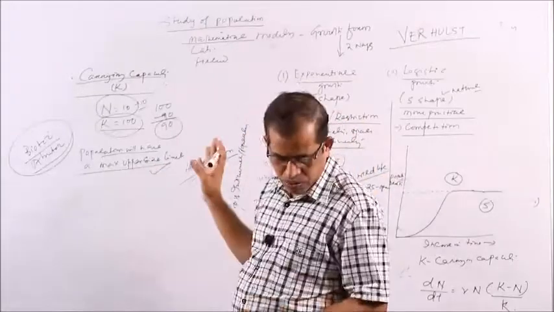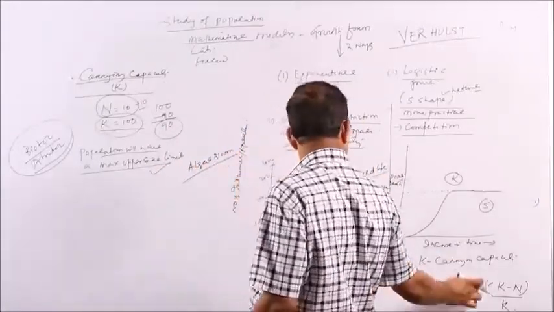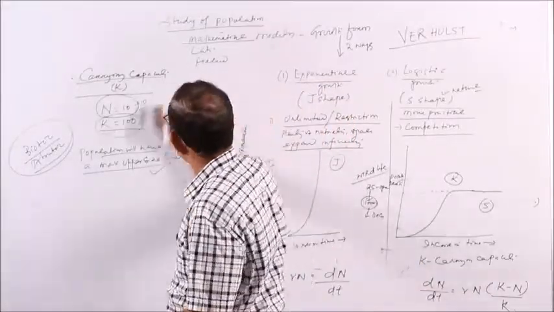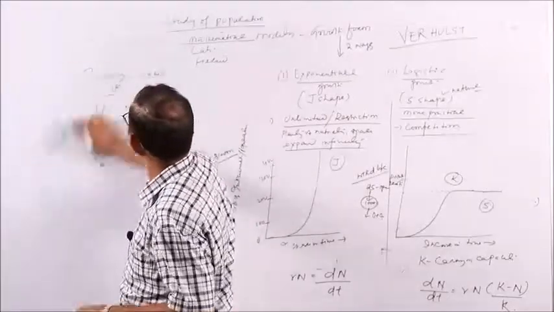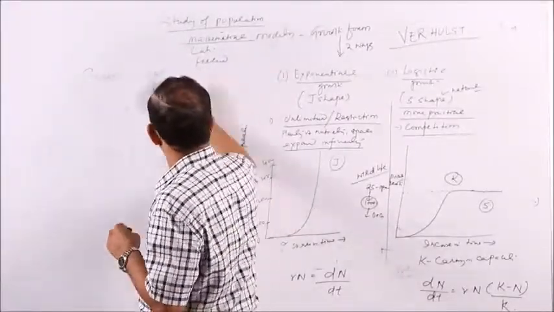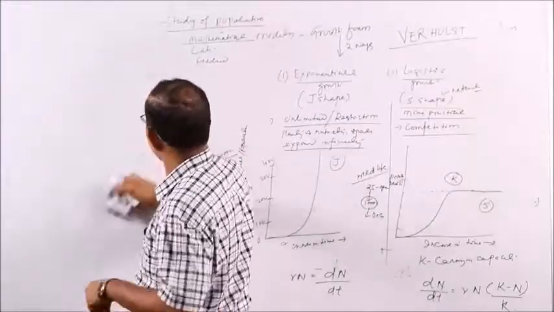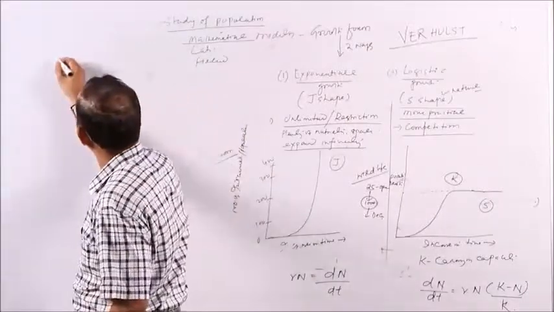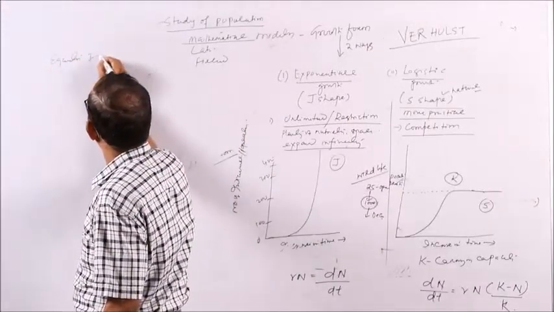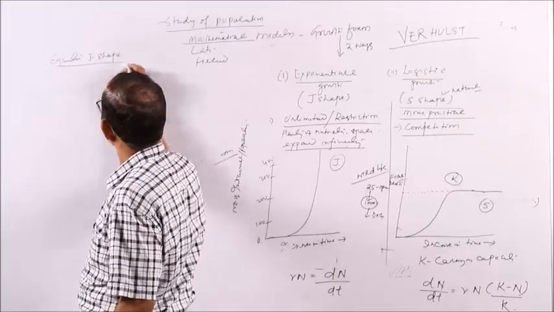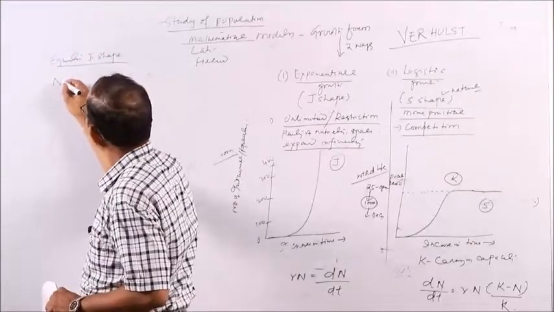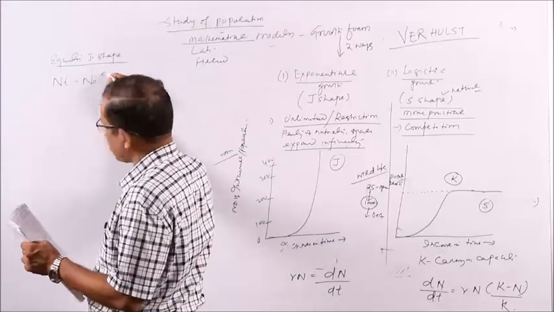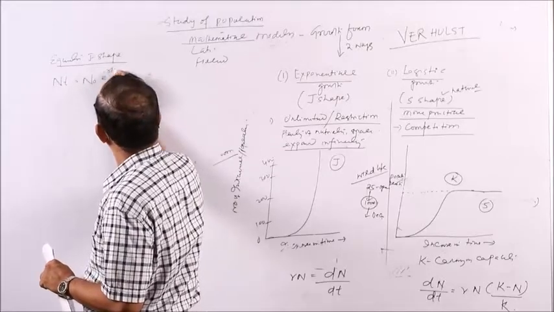So far as the equations are concerned, I will explain again elaborately, because you may get questions from these two equations. It is very important to know them. The equation for the J shape is N t equals N 0 e to the power r t.